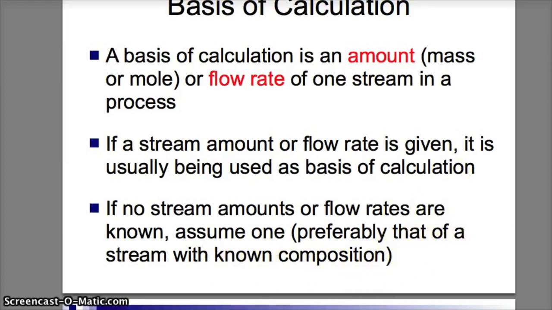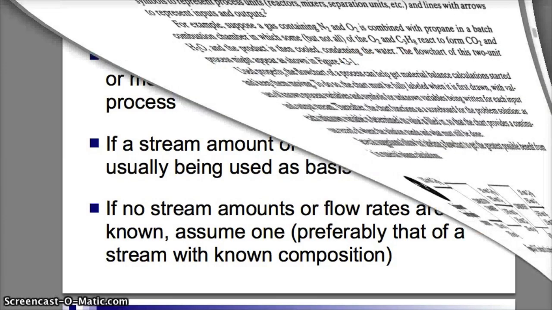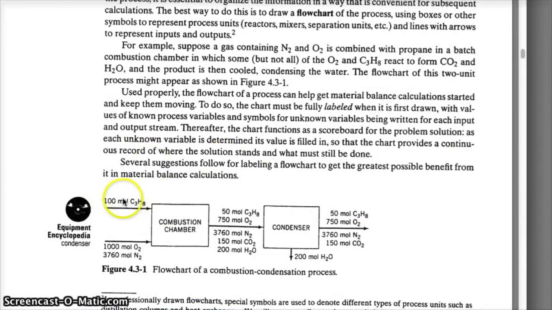So let's go back to the example. If there's no value here, you have no idea what is 100 or whatsoever, but in the end the product you get is moles of H2O, which is water. So you can assume the basis is mole.